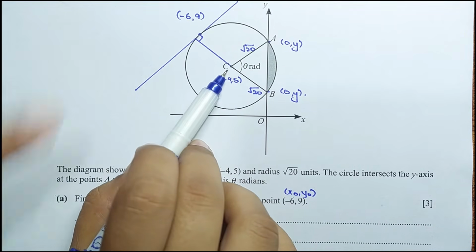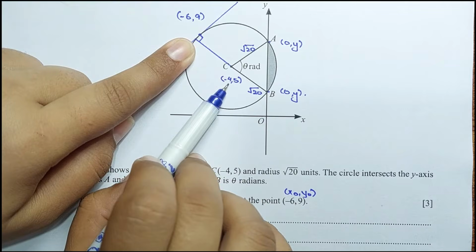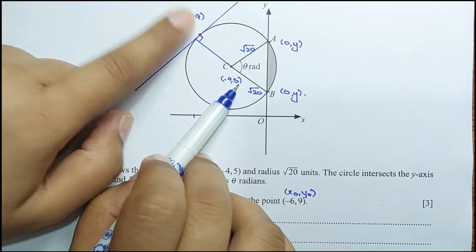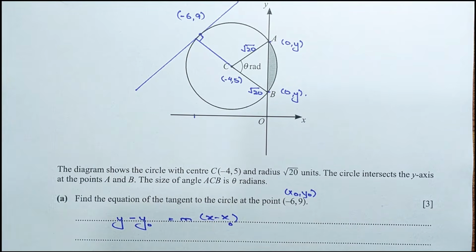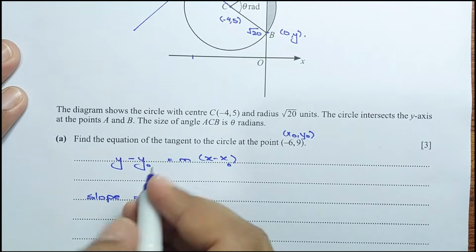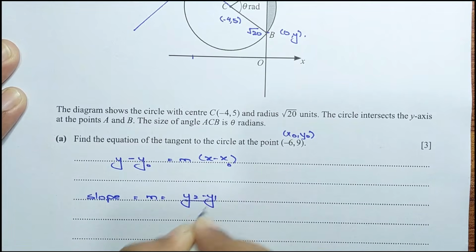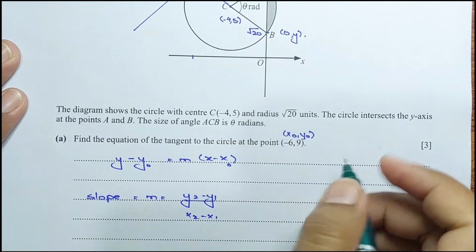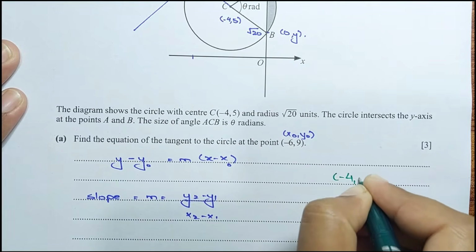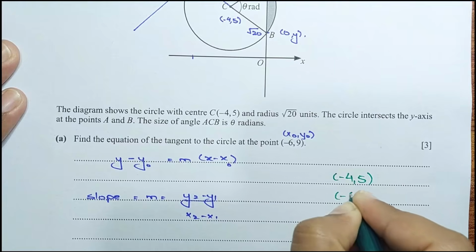So the line from C to this point, -4, 5 and -6, 9, let me find the slope. The slope m is y2 minus y1 over x2 minus x1, with the coordinates -4, 5 and -6, 9.